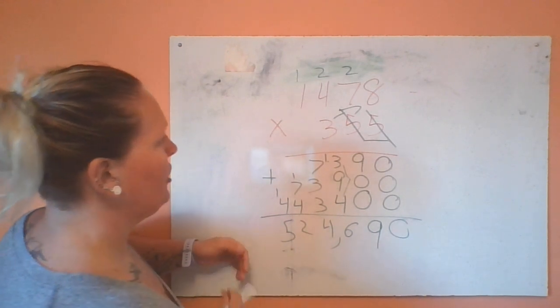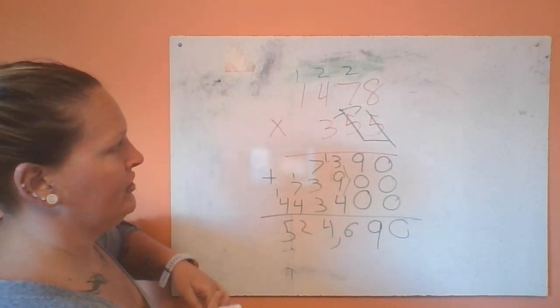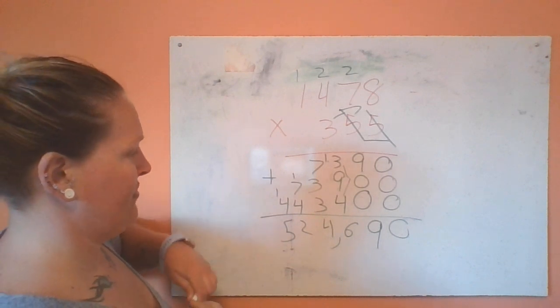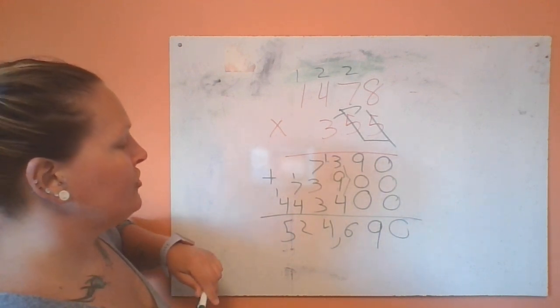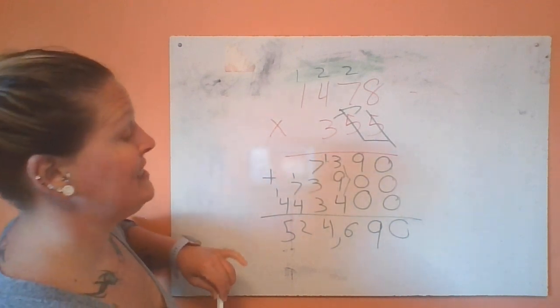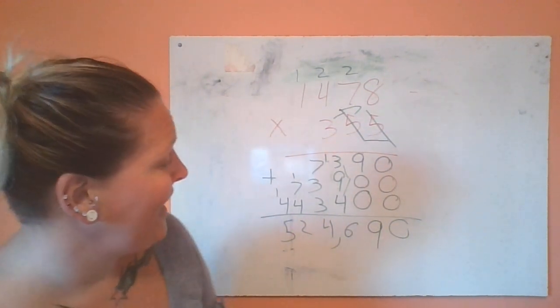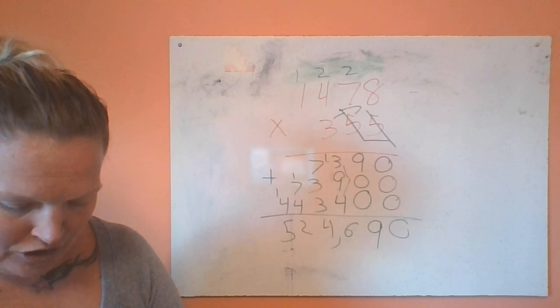So the answer to 1,478 times 355 is 524,690.